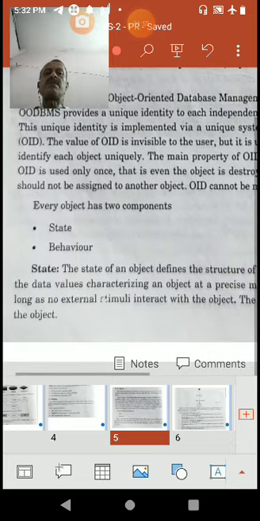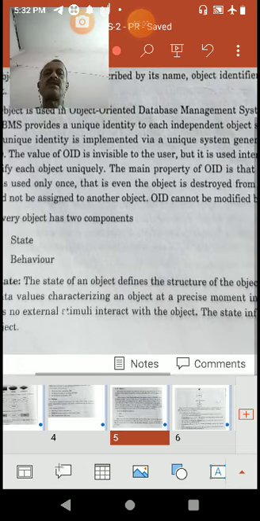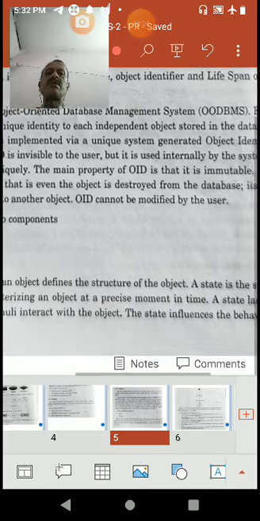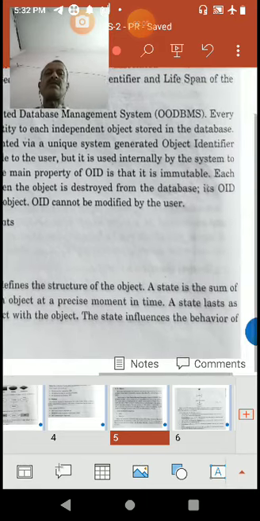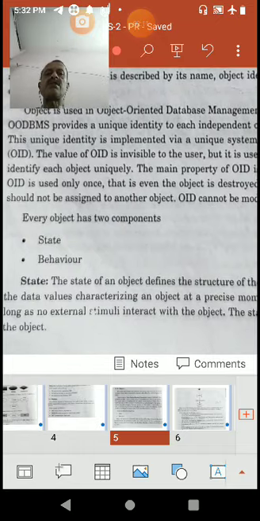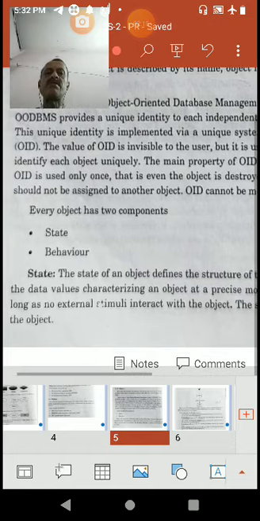Each OID is used only once. That is, even if the object is destroyed from the database, its OID should not be assigned to another object. OID cannot be modified by the user.